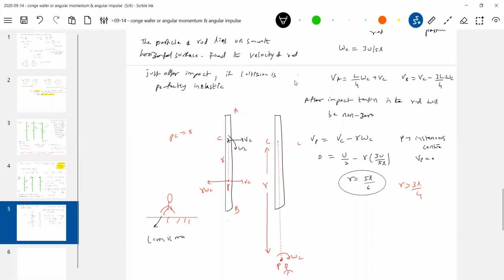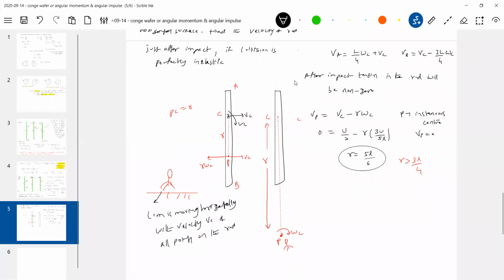Center of mass is moving horizontally with velocity vc, and all points on the rod are rotating with angular velocity omega c about center of mass. What is this comment?